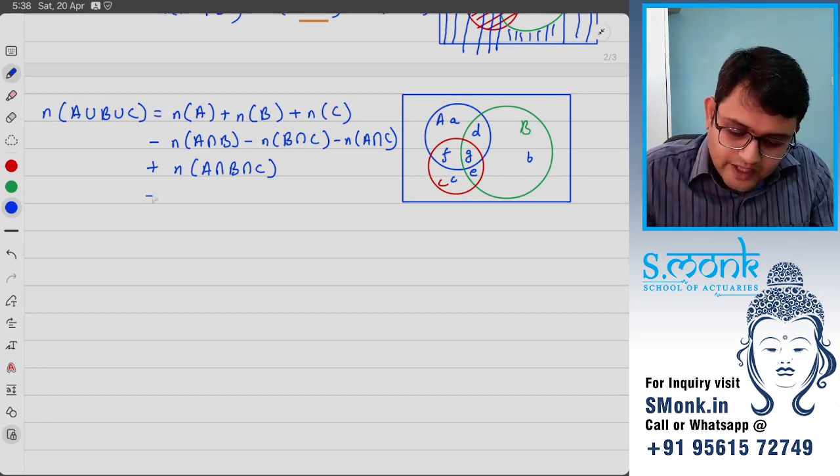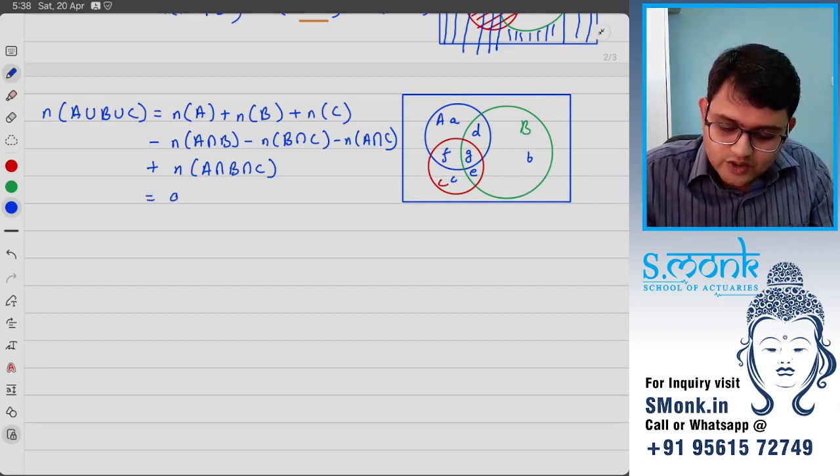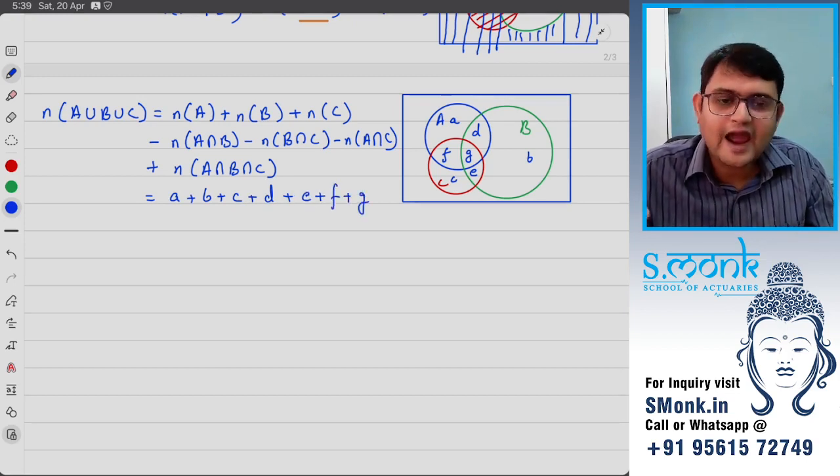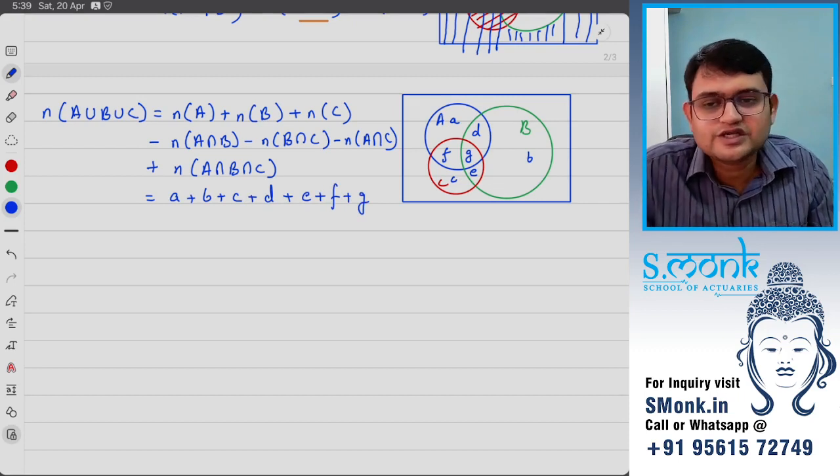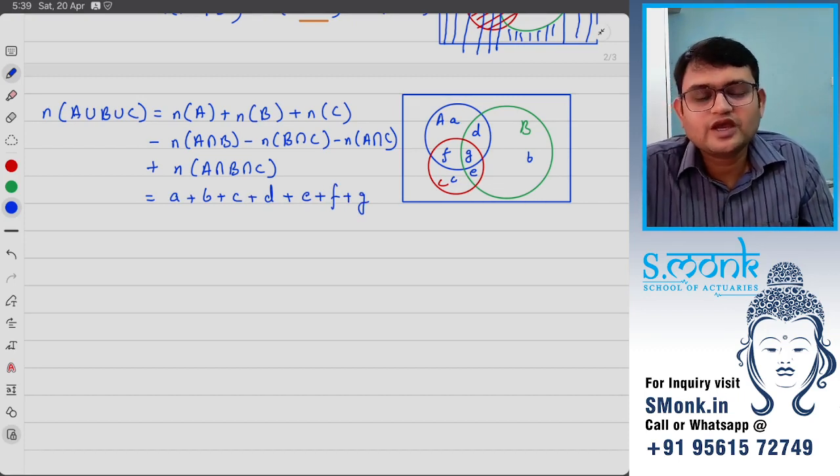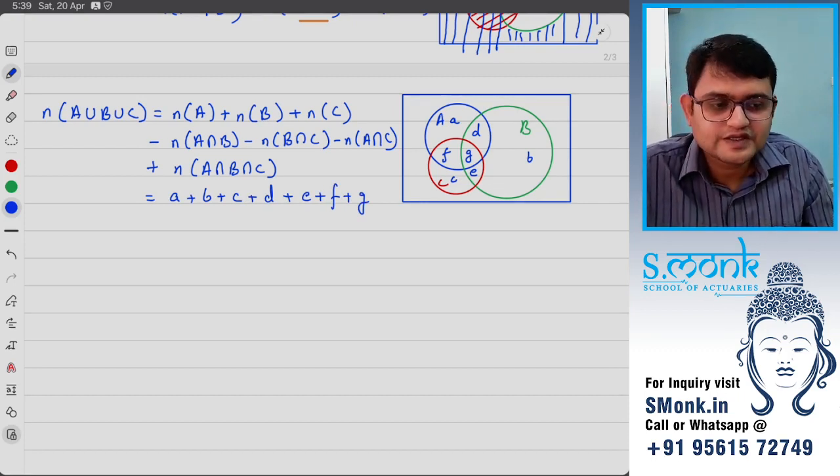So my A union B union C can also be written as a plus b plus c plus D, E, F and G. I can add up these individual regions to make A union B union C.